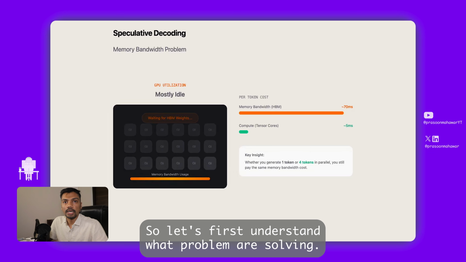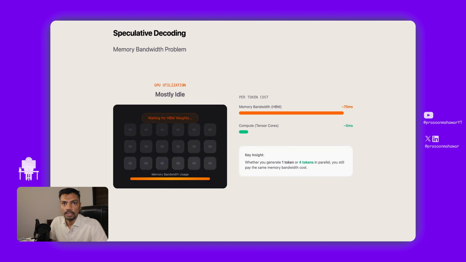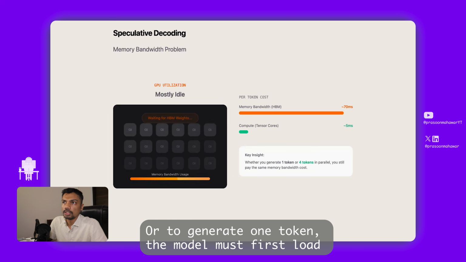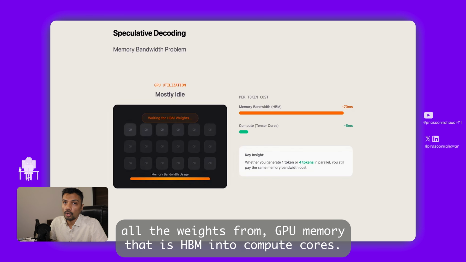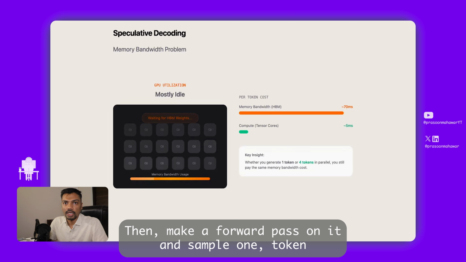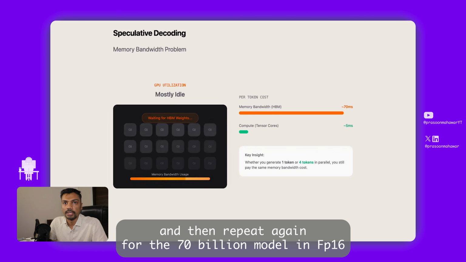So let's first understand what problem we are solving. That is the memory bandwidth problem. To generate one token, the model must first load all the weights from GPU memory, that is HBM, into compute cores, then make a forward pass on it, sample one token, and then repeat again.